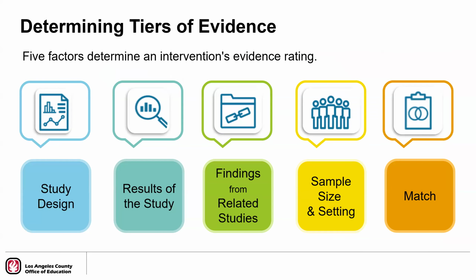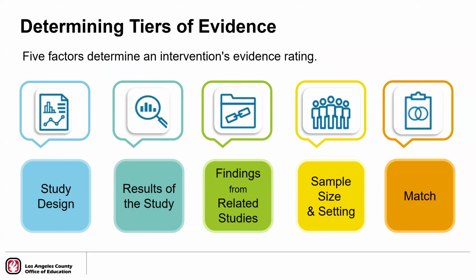So let's take a look at the tiers of evidence and how their ratings are determined by research study criteria. The more controlled the experiment in the research study of an intervention, along with the effect size or significant positive effect on the outcome, increases the strength of the evidence and thus determines its tier.